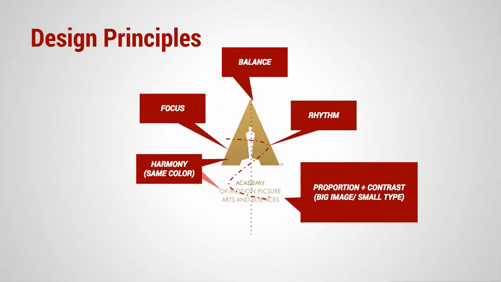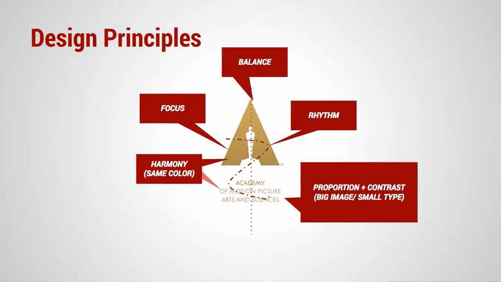And you can see how the design principles are used. We have balance. If we divide this logo down the center, you'll see there's equal visual weight on the left and right. This is symmetrical. Focus: the gold A is the brightest thing on the page. It's also the largest thing on the page, and so it draws our attention. We have harmony because the same color used in the A is used in the type underneath it.